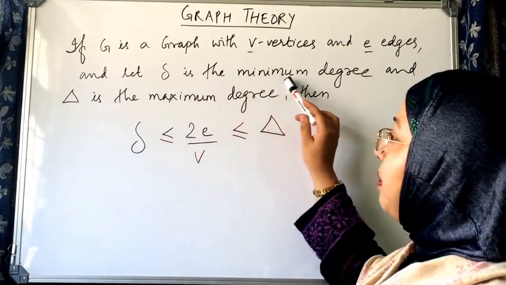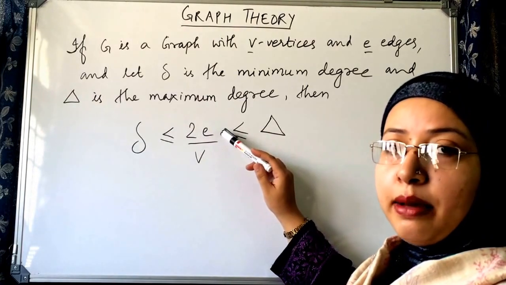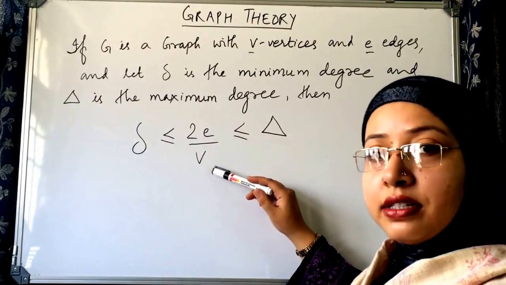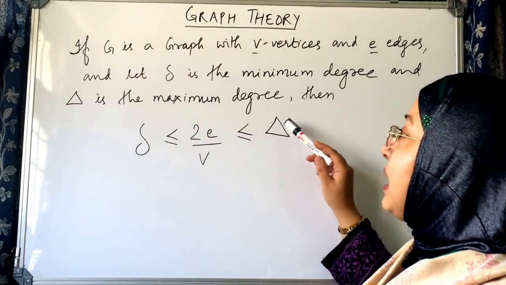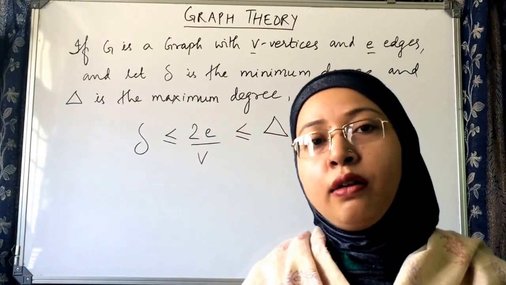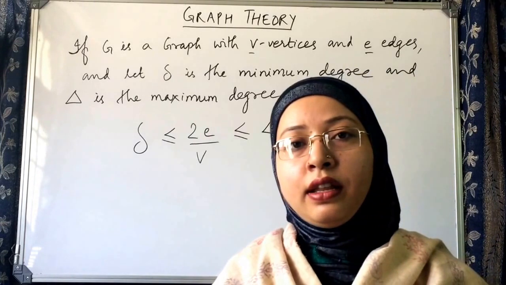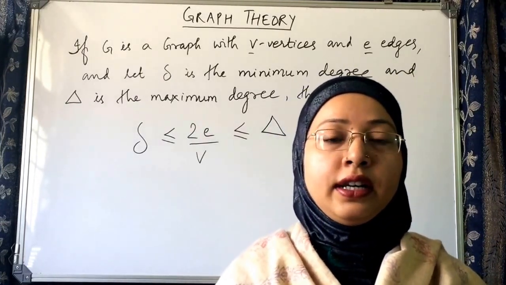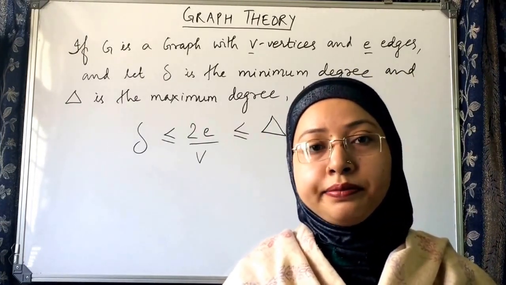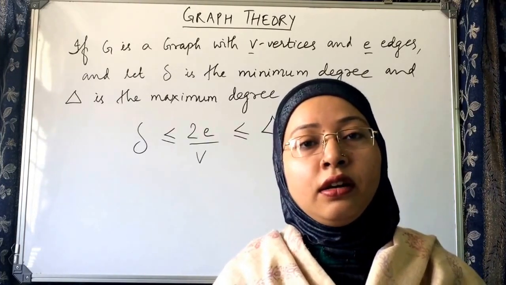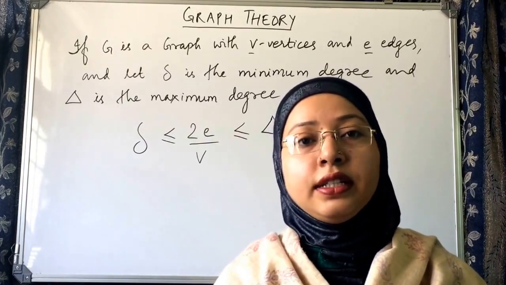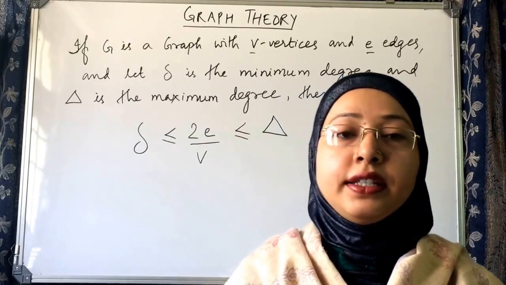Del is the minimum degree, E is the number of edges, V is the number of vertices, and delta is the maximum degree in the graph. What is degree? The number of edges incident on a vertex is known as its degree, and you also know that the sum of the degrees of all the vertices is twice the number of edges.